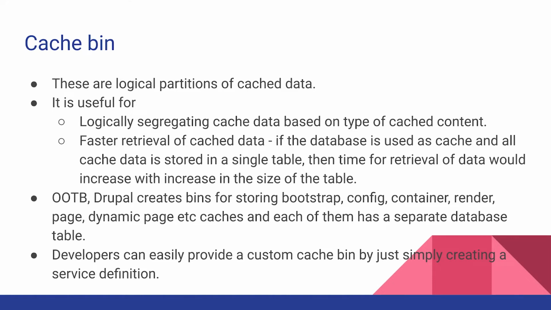Each of those has a separate database table. If we want to create a custom cache bin, we can also do it by writing some lines of code in the services.yml file.